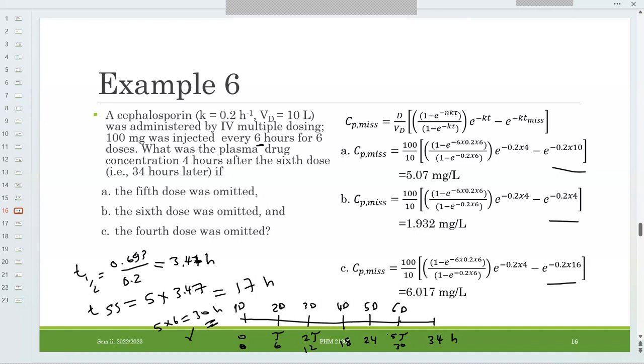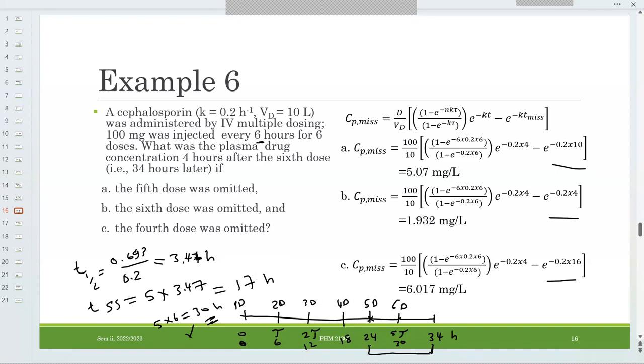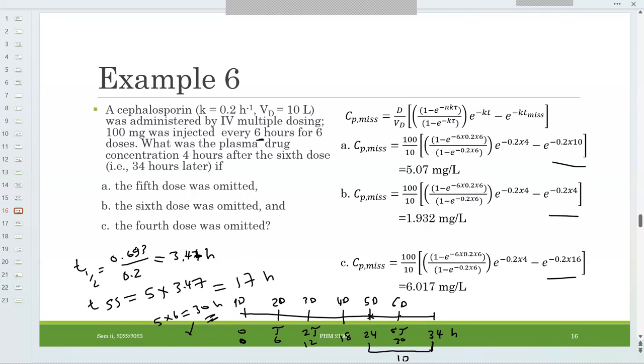When the 5th dose was missed, this is dose number 5. What is the time between the time we want to determine our concentration and the time the dose was missed? From 24 to 34 is 10 hours. If the 6th dose was omitted, between the 6th dose at 30 hours and 34 hours, we have 4 hours.